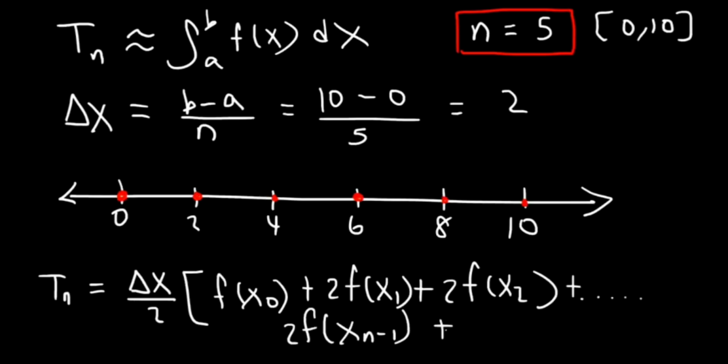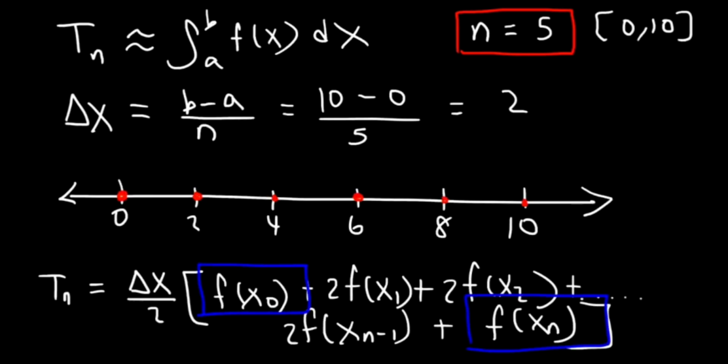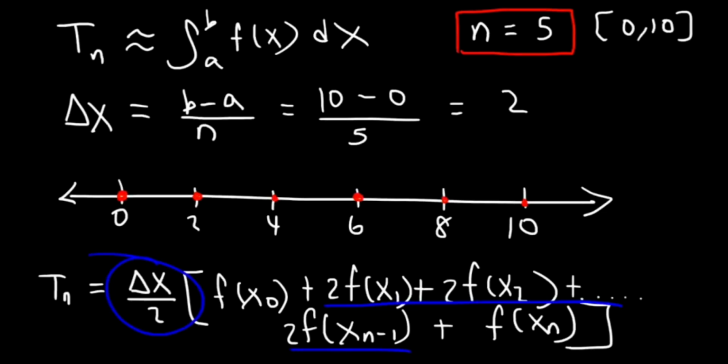So here is what we need to know for the trapezoidal rule. The first one and the last one, these are y values. Do not multiply those by 2. All of the y values in the middle, multiply those by 2. That 2 times half will give you 1.